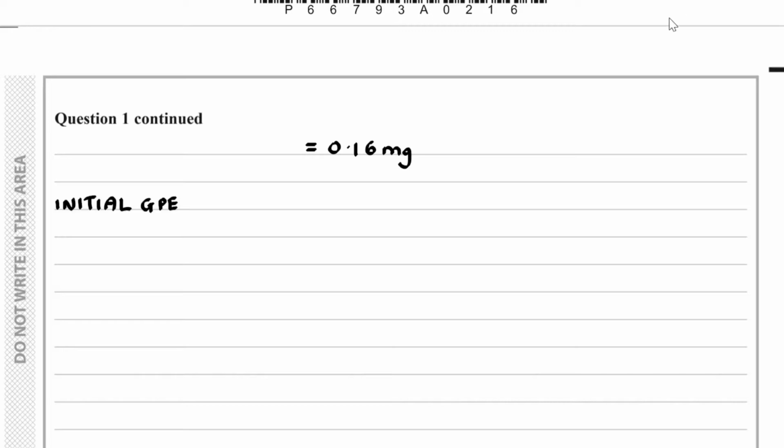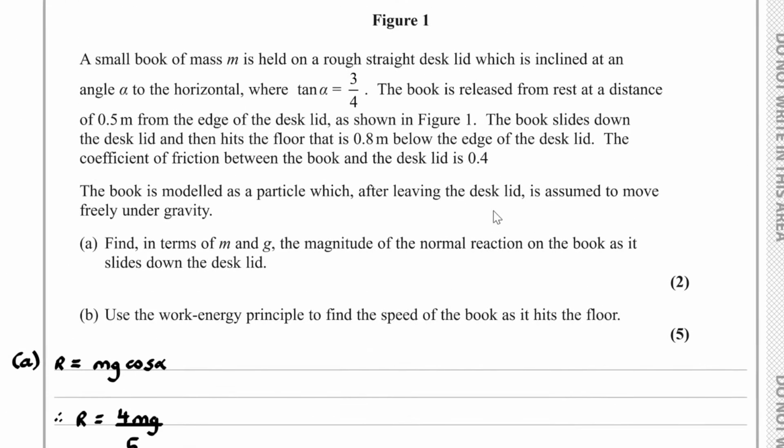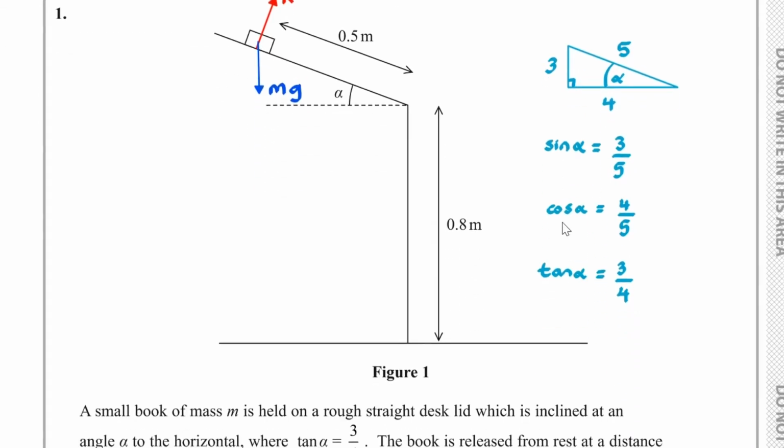So the initial GPE then is equal to 0.5 sine alpha multiplied by mg, and then we also have 0.8 mg. So that will be the total elevation from here to here.